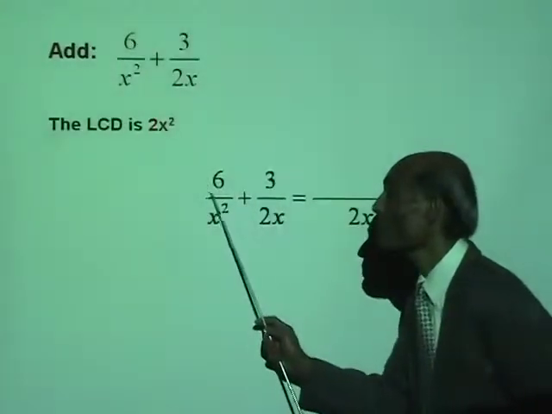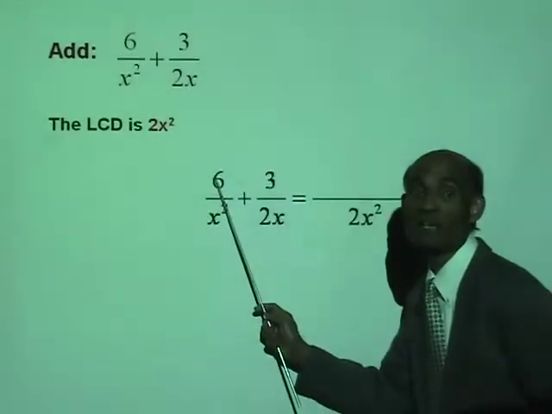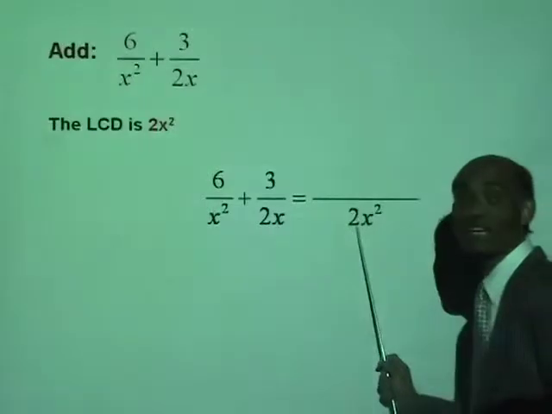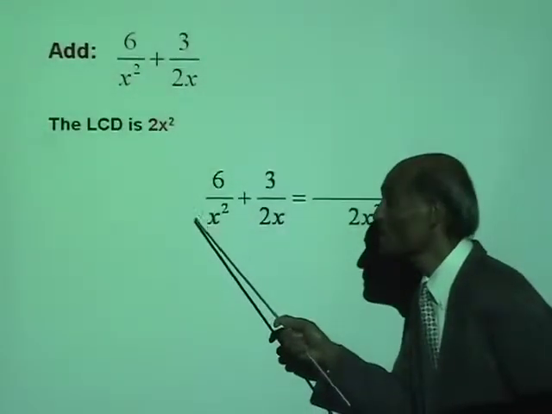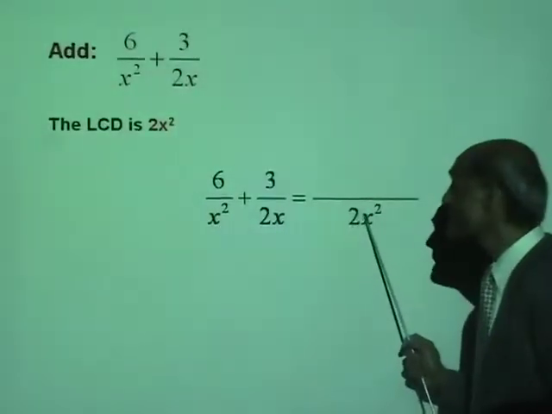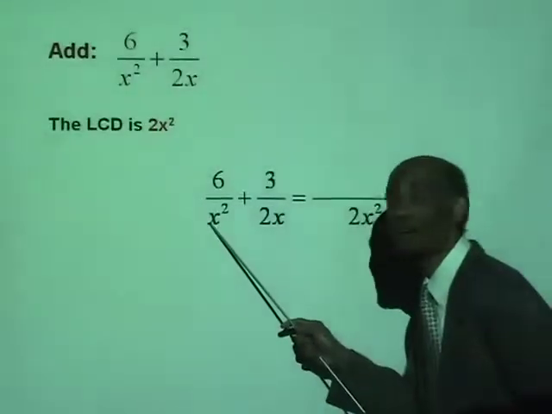Can you tell me from what we did so far? This 6 will be multiplied by the factor of the LCD that is not here. You see, this denominator is x squared. The LCD is 2x squared. Now what is missing here?